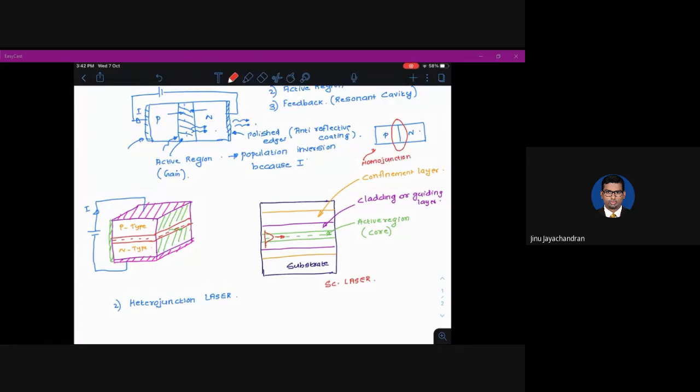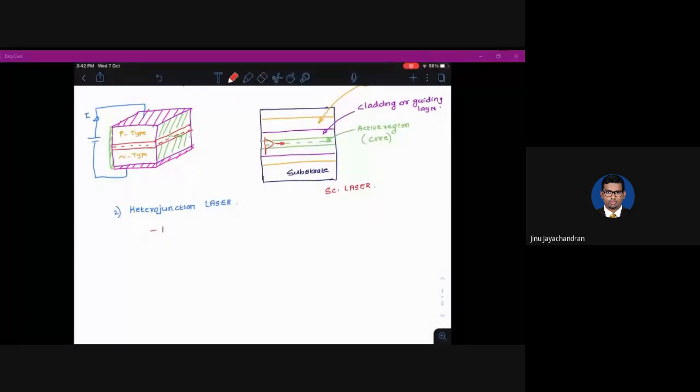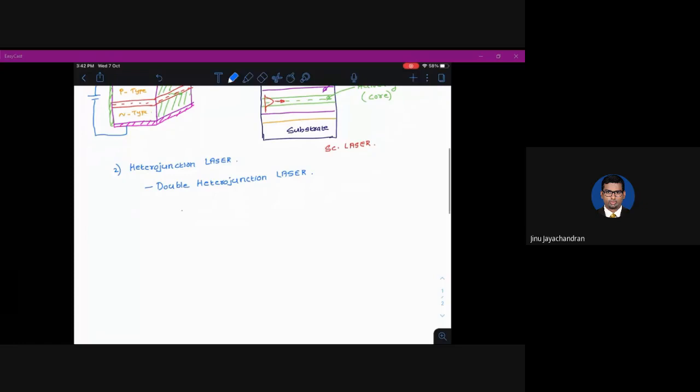In heterojunction, let's start with something called a double heterojunction laser. As the name indicates, you will have two junctions in the semiconductor.